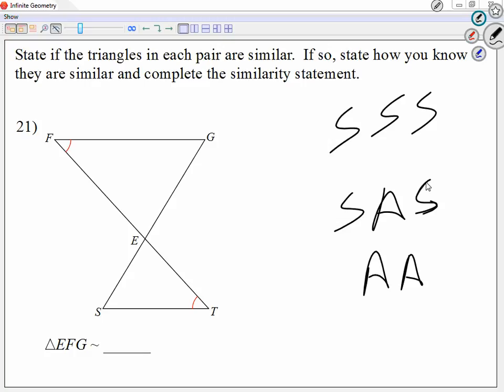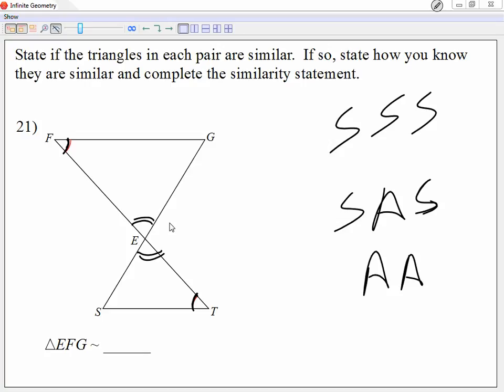Looking at question number 21, I'm already given that angle F with this other corner here, they're the same thing. F and T are the same. They were marked to begin with. So I already have one angle per triangle. And then because of the vertical angle theorem, I can say that this angle is congruent to this angle. Every time there's an X, it forms opposite angles.